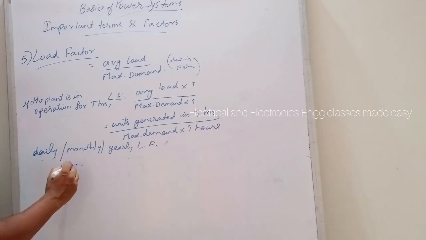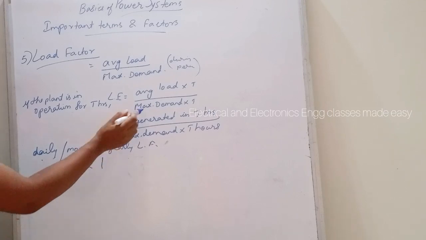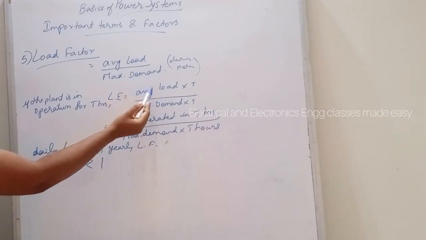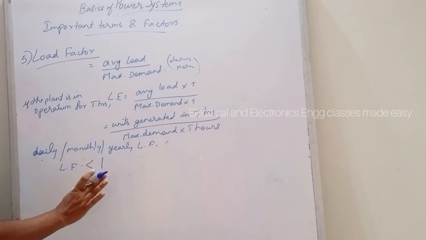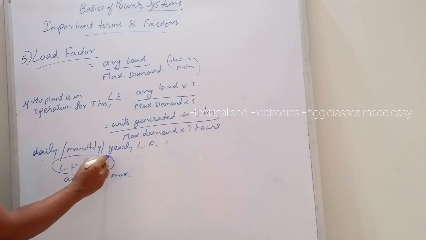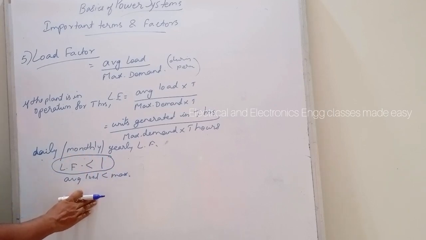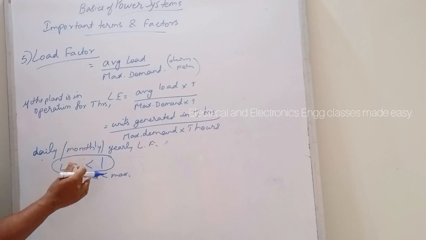And this load factor is always less than 1 because the average load is smaller than the maximum demand. So load factor is less than unity. And the load factor plays a key role in determining the overall cost per unit generated.